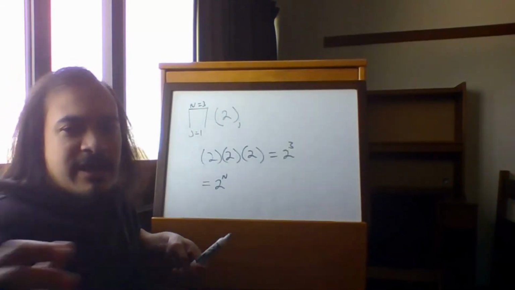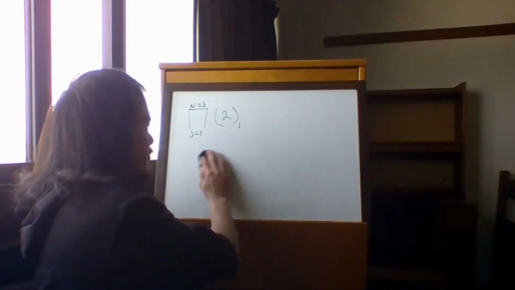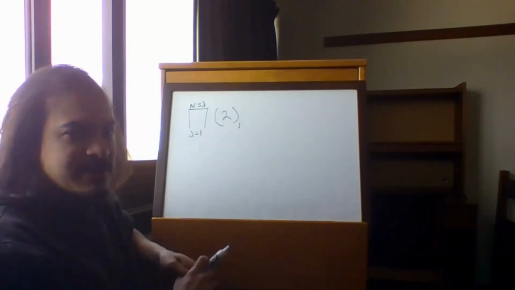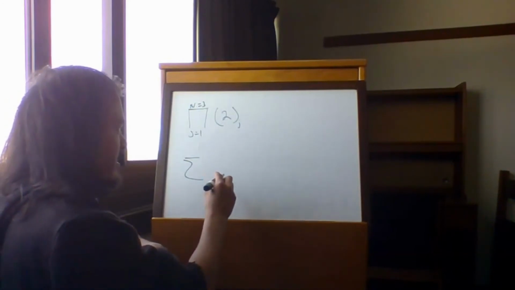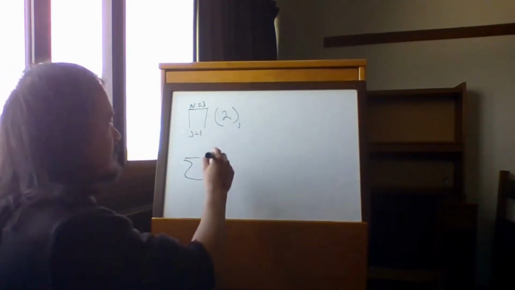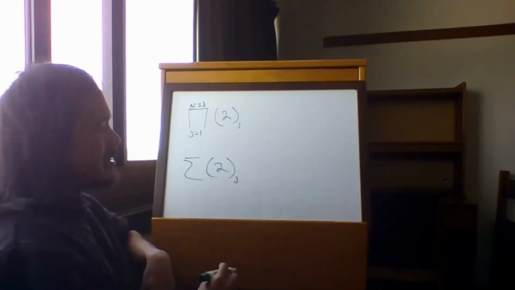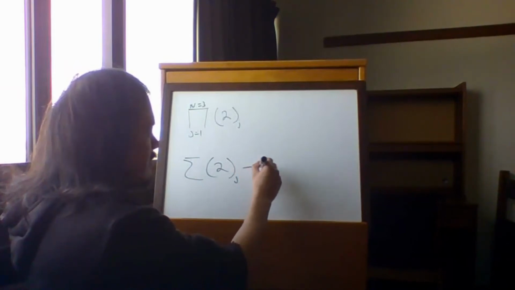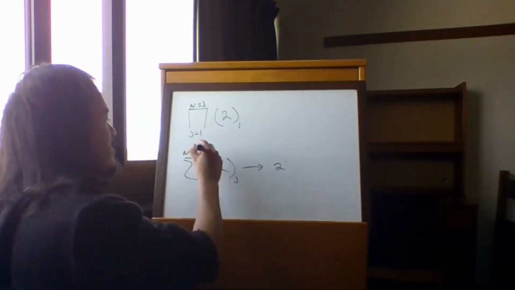We can also take a look back real quick at the summation notation. For the sum, if I had that 2, what would I get out of it? Let's say n equals 3.